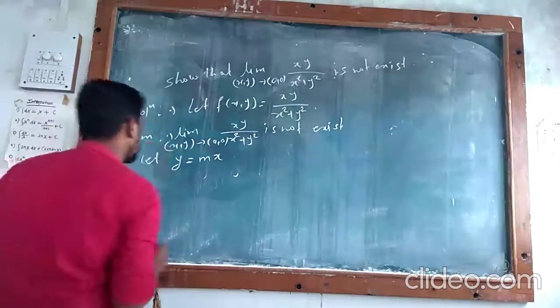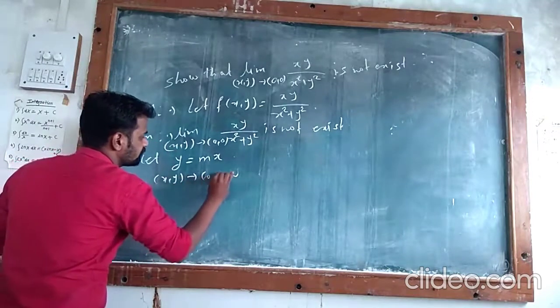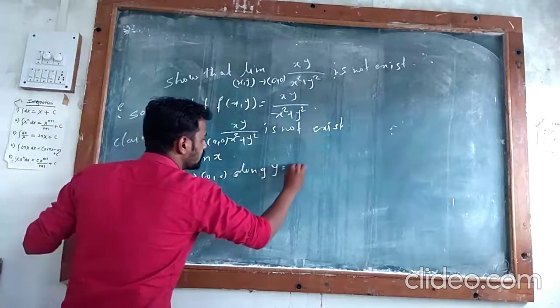That is, the limit as (x, y) tends to (0, 0) along the path y is equal to mx.